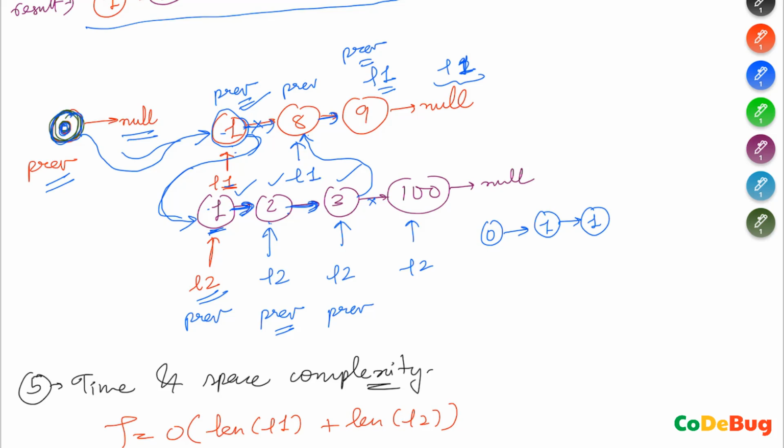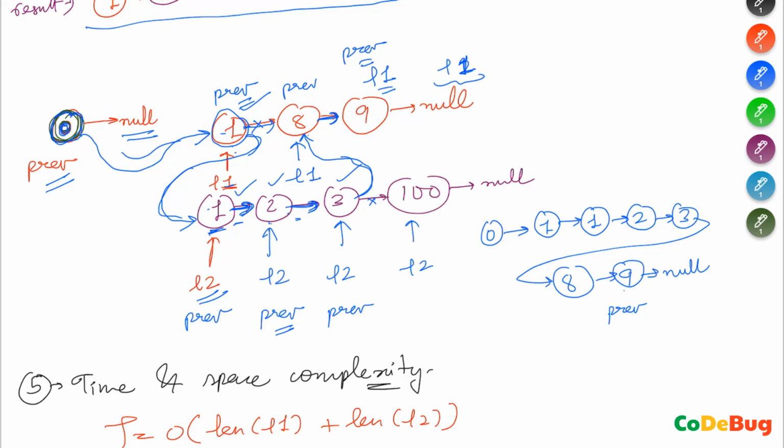We are just following the blue pointers. 2, and then 3, and then we went to 8, from 8 we went to 9, and now we are here. My previous is pointing to this 9, the last node that we checked between L1 and L2, and we have a null.